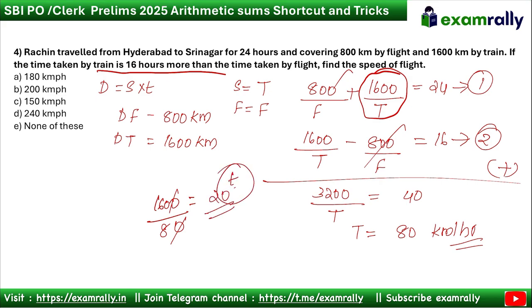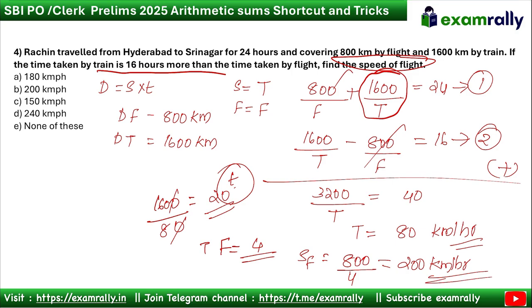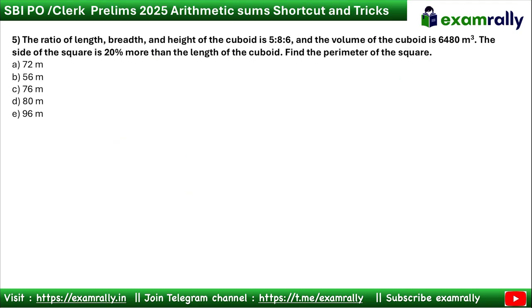Time taken by the train is 20, total time taken is 24. So from here, the flight time we get as 4. They ask the speed of the flight. Speed of the flight will be equal to 800 divided by 4, which is 200 kilometers per hour. Here there is no change in the unit value. Okay, this is an easy type question.